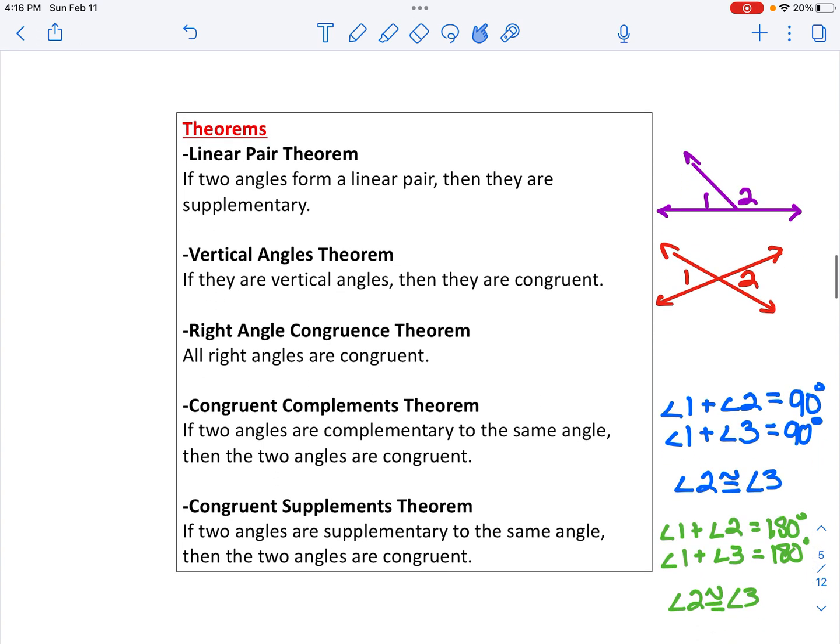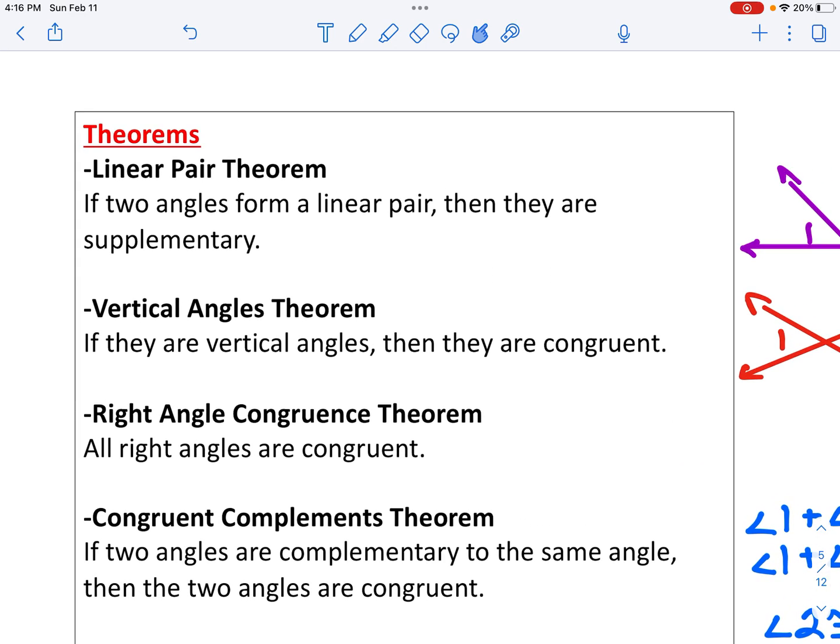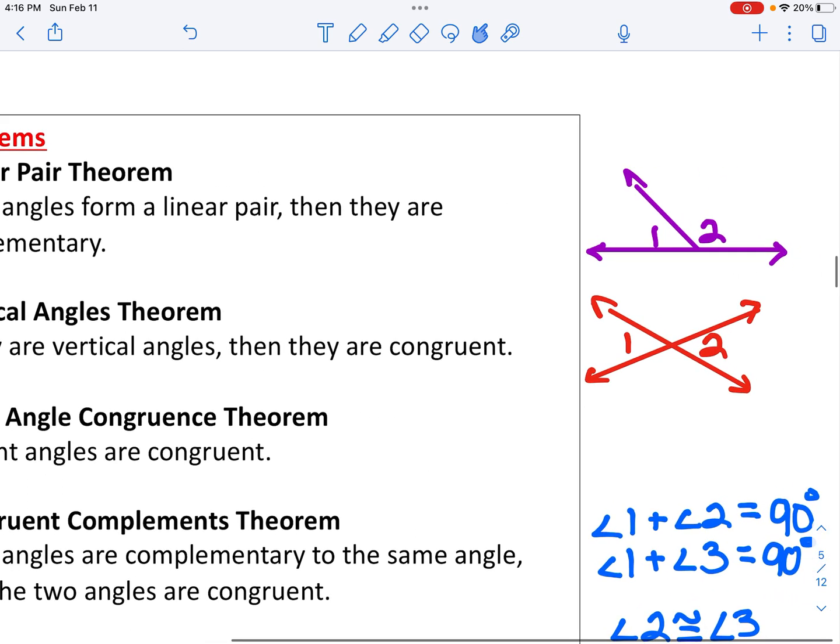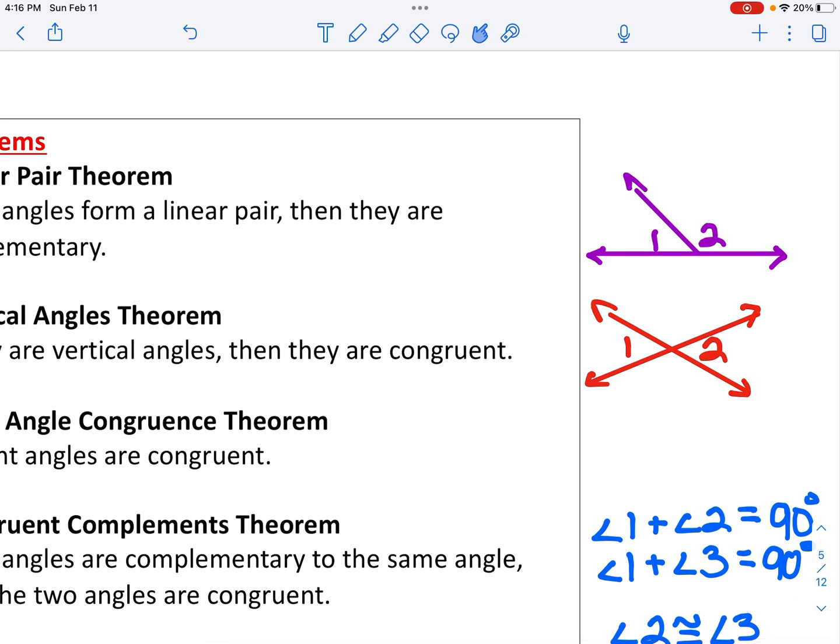Okay. And then some other things that we know, and maybe a little bit of stuff that should just make sense to you. The linear pair theorem you're familiar with. If two angles form a linear pair, then they are supplementary. And that is just this purple drawing that I have here. If we have two angles that form a linear pair, then they have to be supplementary.